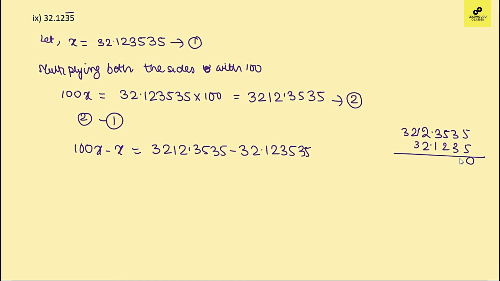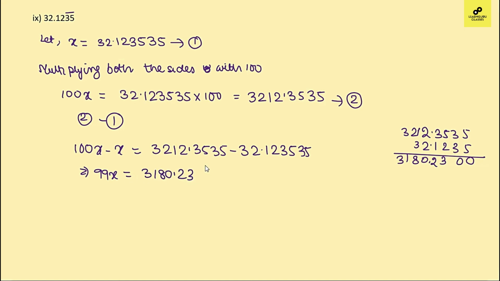So we get 3180.23. So 99x equals 3180.23.